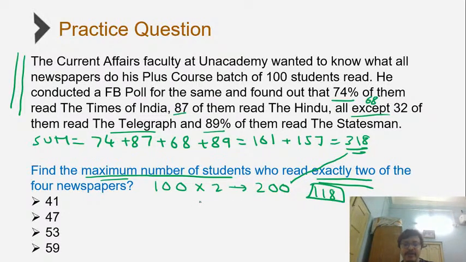The easiest way to bridge the gap is by moving some people from the 2 newspapers category into the highest possible category, that is moving them to the 4 newspapers category.